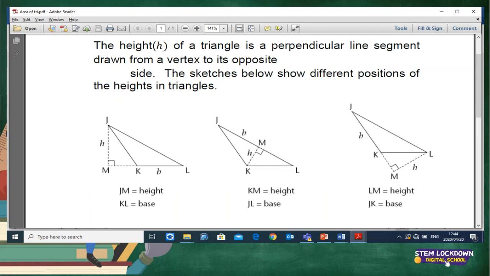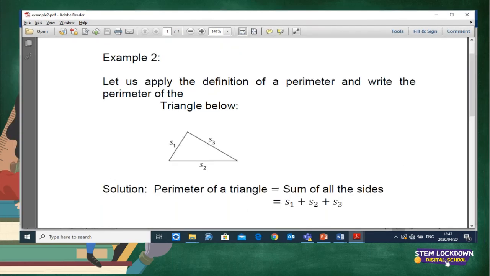So the height of this triangle must be a perpendicular line segment which is drawn from the vertex to its opposite. And you can use that to now calculate the area. Now that you know different heights drawn from the vertex, we can proceed now to do an example. And of course, let's go to this example.